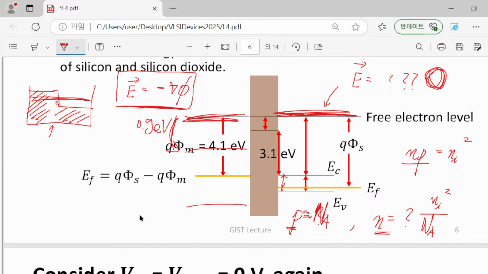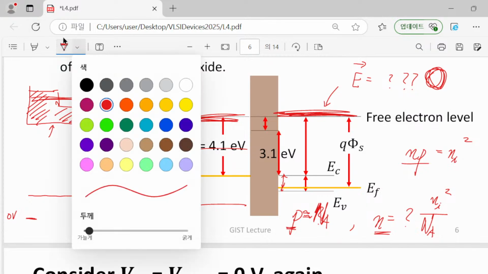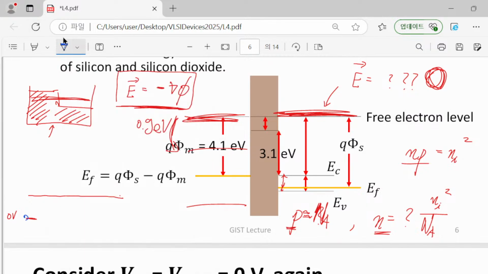downward here. So it means that if we consider this the flat band condition, and now we have this 0 volt condition, we don't know exactly what happens in between, but what we can say is that these two values are two boundary conditions, and we will eventually have this kind of curvature in our vacuum level energy.